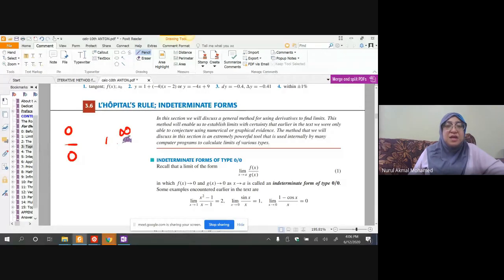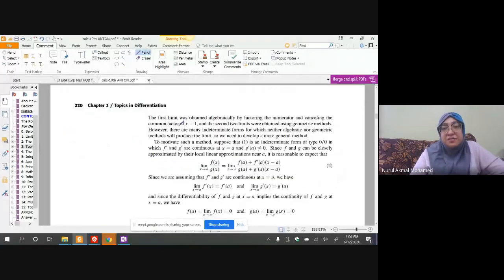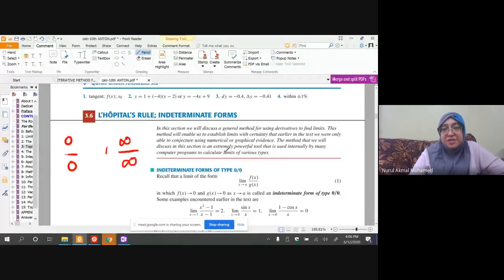You cannot use L'Hopital rule when you have other values, so let's say infinity divided by 0 or 0 divided by infinity or 1 divided by 2. It is only usable when you have 0 over 0 or infinity over infinity.